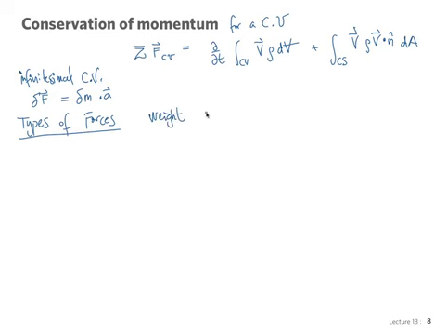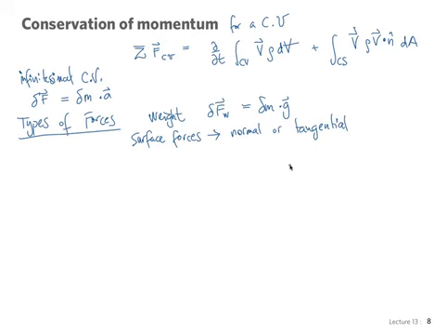The easiest one is a differential of force called weight, which is just dm times g, the acceleration of gravity. Then we have some surface forces, which could be normal or tangential. Normal is pressure, but we're going to write them now.